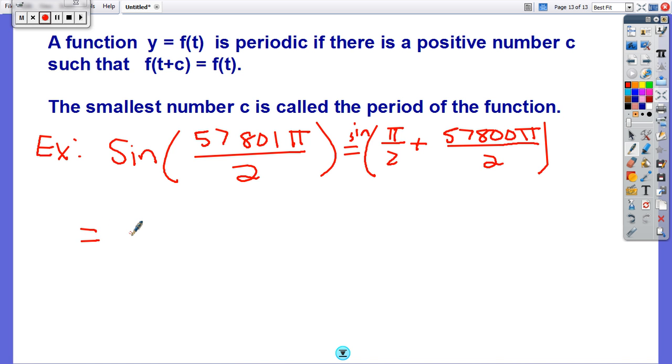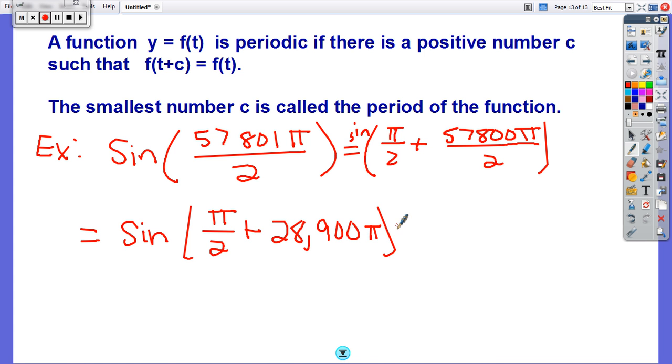And then we can reduce that even, becomes the sine of pi over 2 plus 28,900 pi. And that's really the same as the sine of just pi over 2, which is equal to 1.